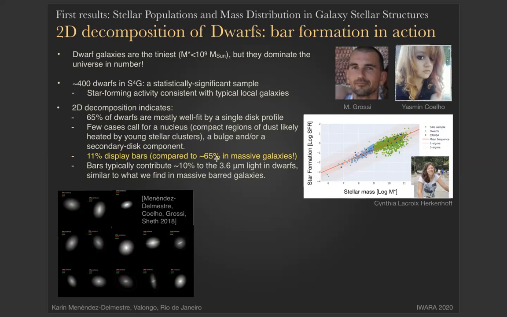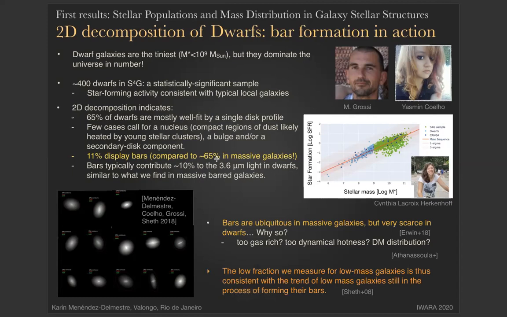And this is actually a question that has been posed before by other works also. Looking at the S4G sample too, Peter Irwin looked at this and found this scarcity of bars. And there are many possibilities.